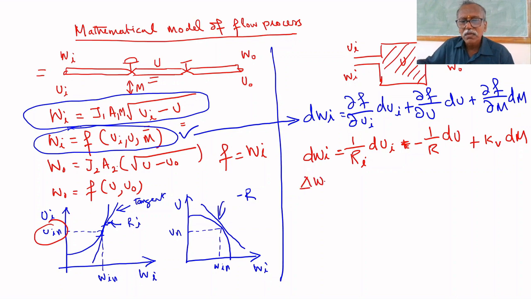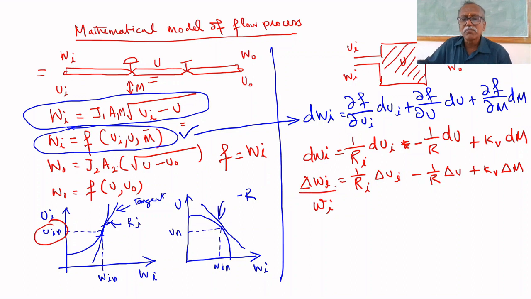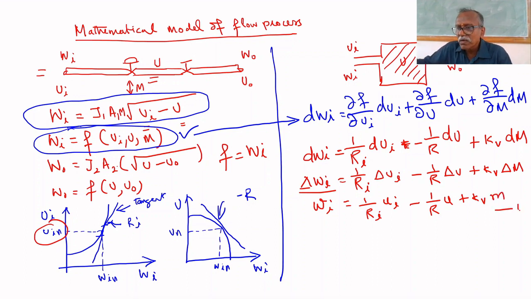Therefore delta Wi equals 1 by Ri delta Ui minus 1 by R delta U plus Kv delta M. Let us call this change in Wi small wi, equal to 1 by Ri small ui, where change in Ui is called small ui, minus 1 by R small u, change in U, plus Kv small m. Let it be equation 1.